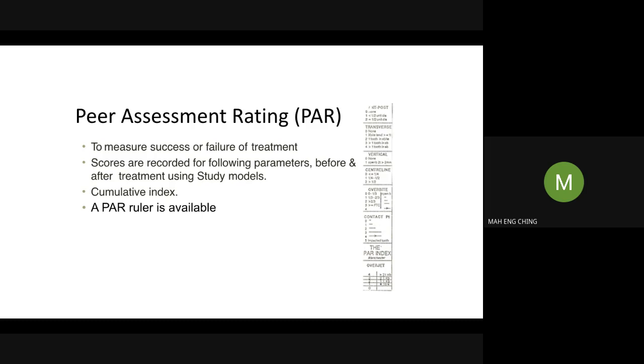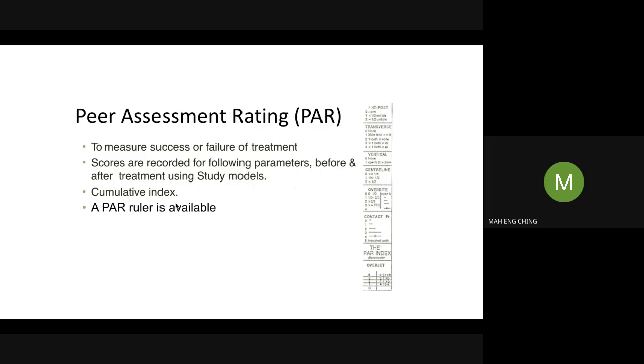Because it's quite complicated, we usually grade the patients according to the models. It measures the success or failure of the treatment, and the scores are recorded for the following parameters before and after treatment using the study models, not the patients, because it can take 10 to 15 minutes just to get the score. If you also ask the patient to open the mouth for 20 minutes, it's not fair, it's too tiring. This is a cumulative index.